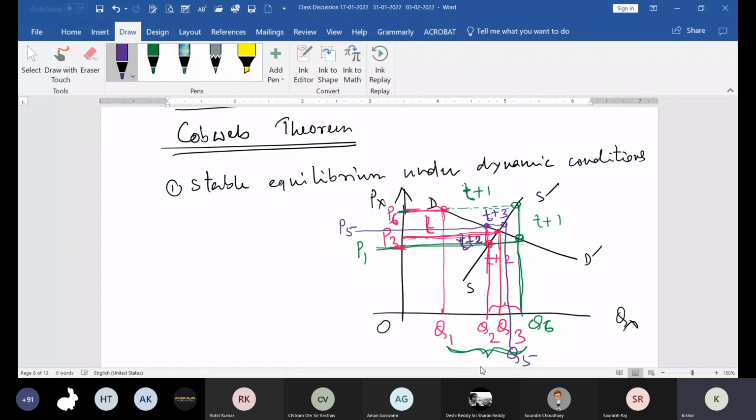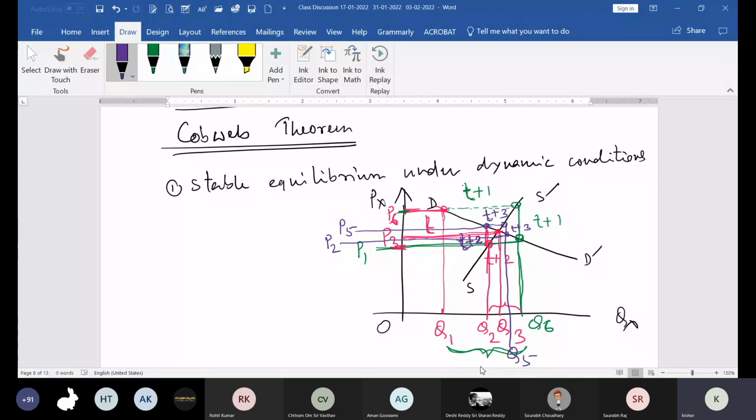Demand is OQ2, supply is OQ5. Surplus supply. Immediately, in the T+3 time period, price will again come down. Price is coming down now to P2. It's a little bit lower than this one. This is your P2.